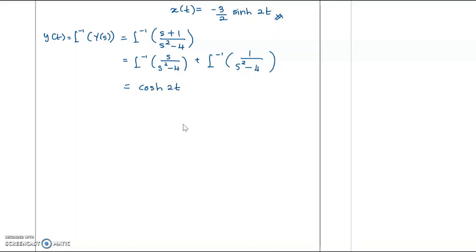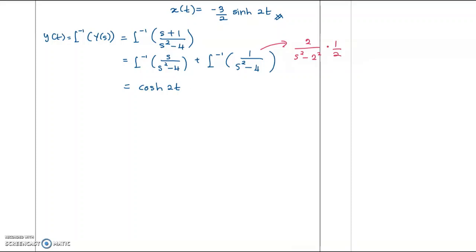Okay, and for this one, now we need to rewrite in terms of s squared minus 2 squared. So at the top it should be 2, but then to get back the 1, we need to multiply with the 1 over 2.